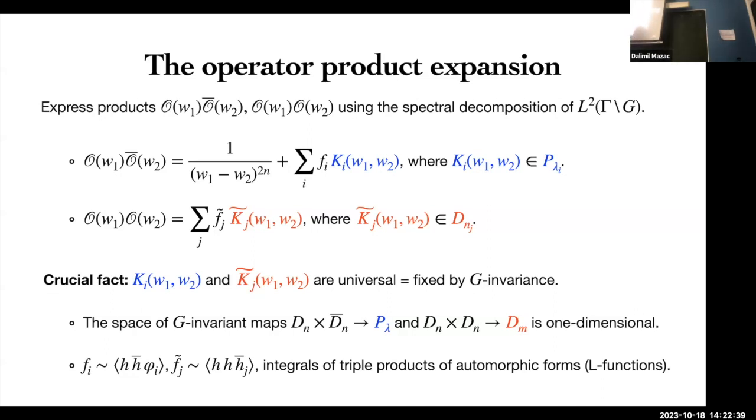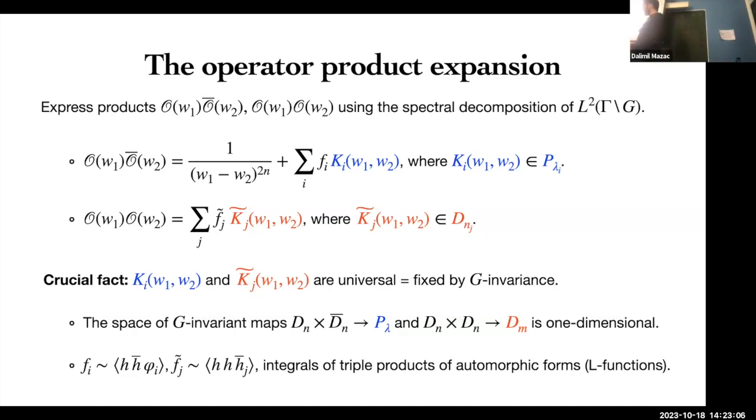So the space of PSO(2,R) invariant maps from a product of irreducible representations to another one is just one dimensional. And the numbers, the F's and F twiddle, are fixed for a given surface to be these correlation functions, or triple products of modular forms and the Laplace eigenfunctions.